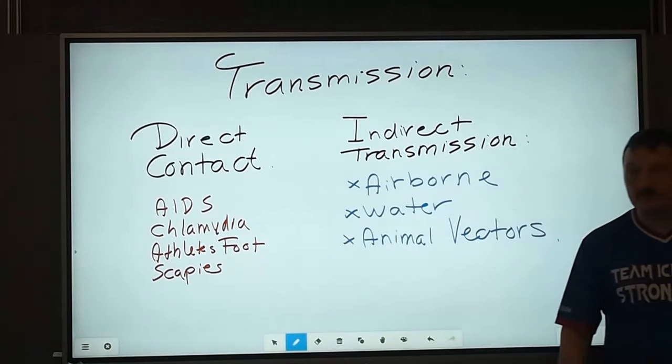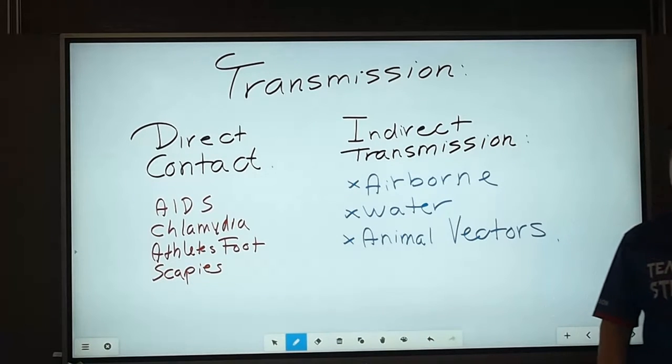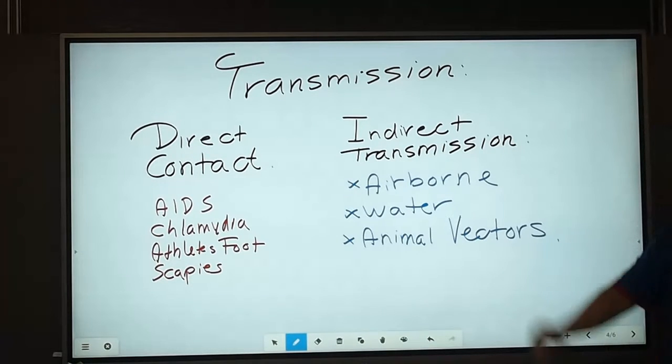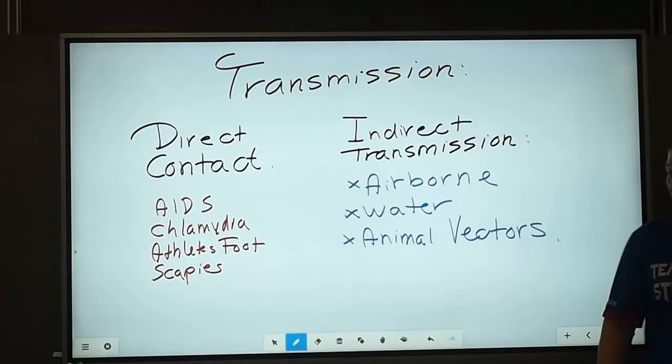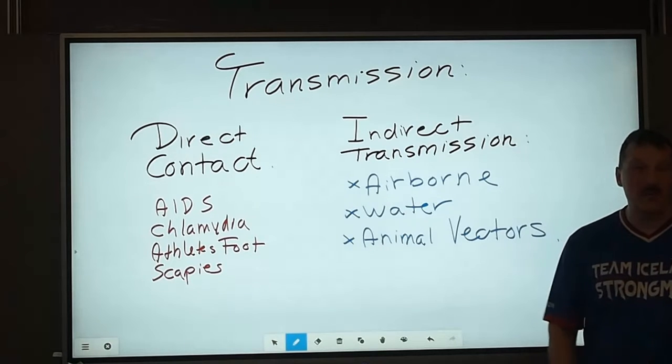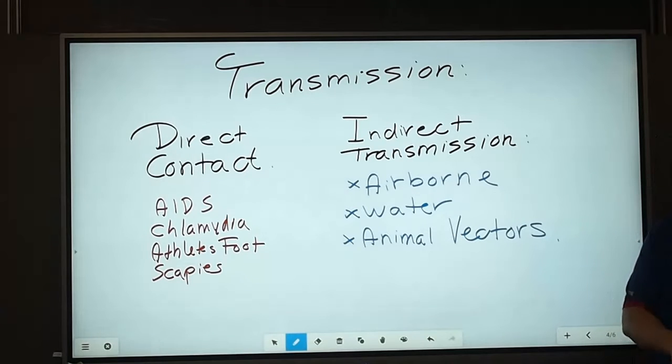That could be COVID. Waterborne is pathogens which can live in the water. Cholera is well known here. So if I, for example, have some pathogens on my hand and I don't wash them properly, I can transmit them to someone else if I then put my hands in some water and someone else drinks that water.